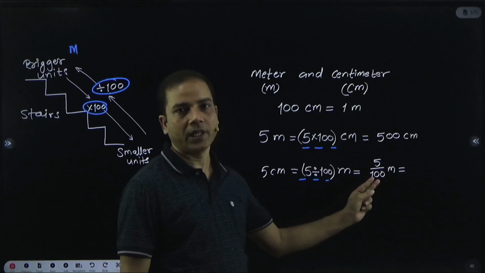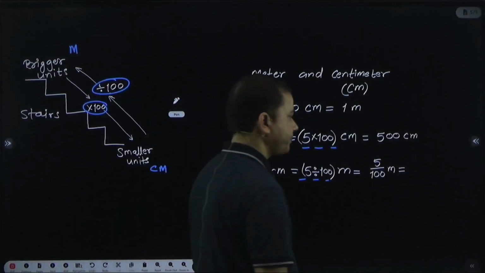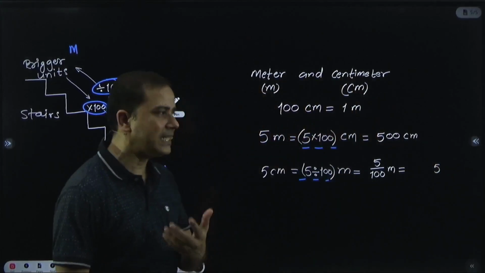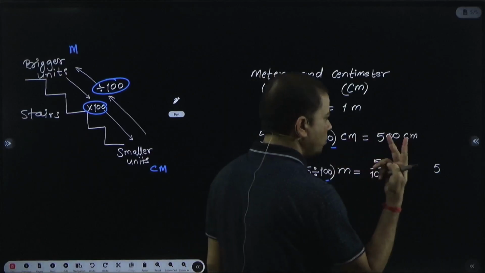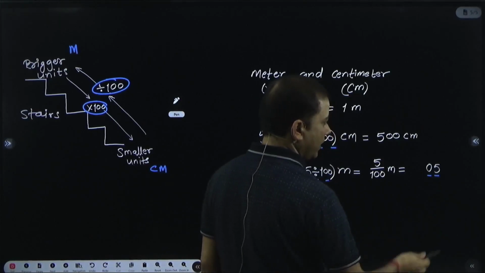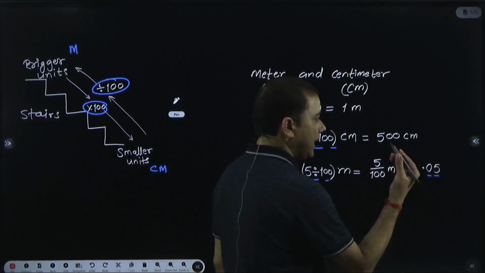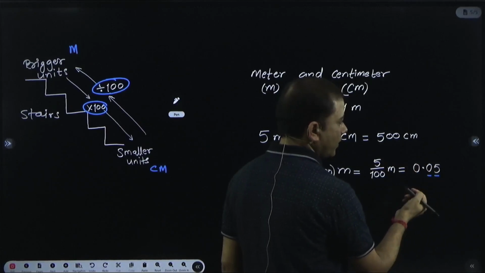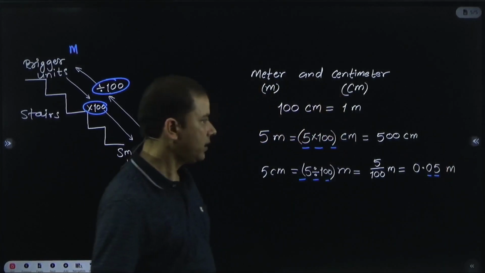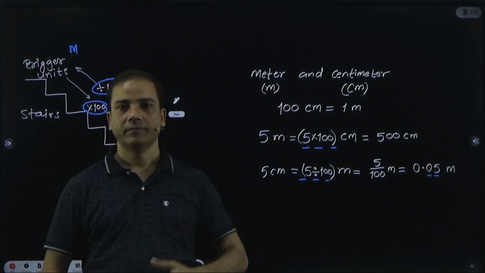There are 2 zeros in the denominator, so we have to put 2 places of decimal in the numerator. We already have 1 place available. We need 2, so we put a 0 here. Now there are total 2 places available. Then we put a decimal. So 2 places of decimal means this, and an extra 0 before decimal to highlight the decimal. Unit is meter. We did it. 5 centimeter equals 0.05 meter.